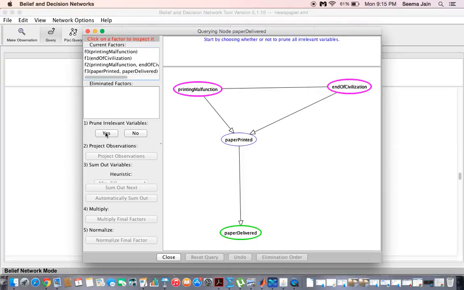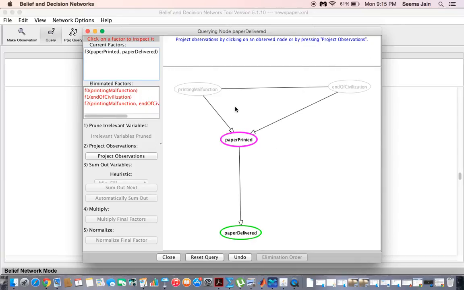So we can prune irrelevant variables here, since the subnetwork that I need to consider is only this, because these other variables don't need to be considered.